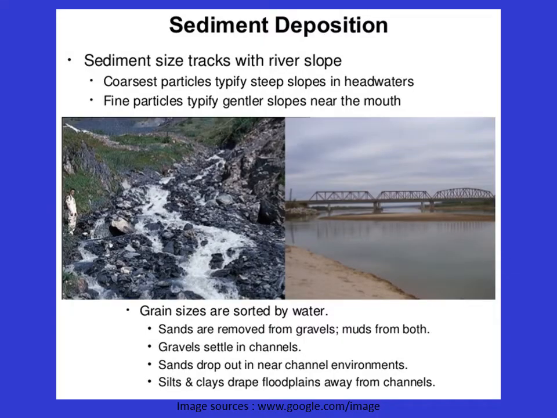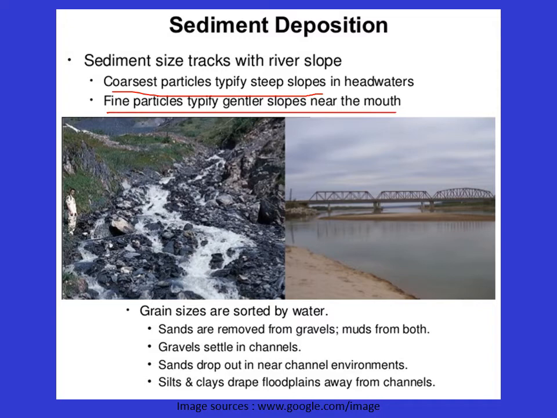Now if we look at the sediment deposition and try to track the size, as I already told you, the slope or the gradient of the river channel decreases from its source to mouth. So we find coarser particles at the steeper areas, near the source or near the headwaters, and finer particles as we move away from the source.